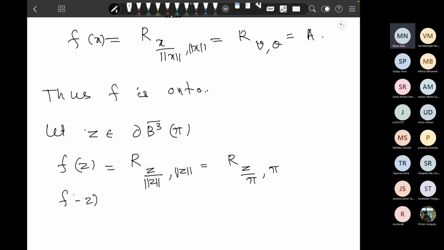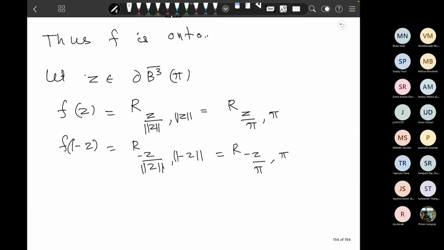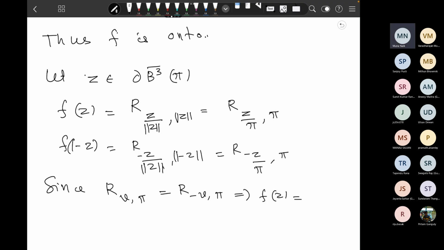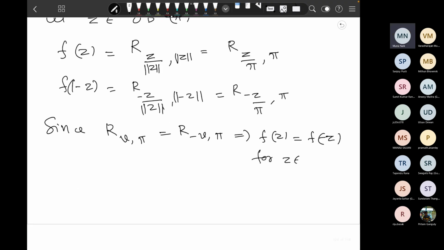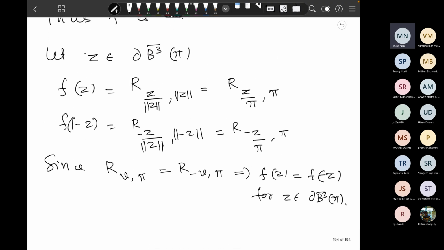Since f of minus z is equal to R of minus z by pi, into pi, and R_(z/pi) is equal to R_(minus z/pi), this implies f(z) is equal to f(minus z) for z belonging to the boundary of the ball of radius pi.